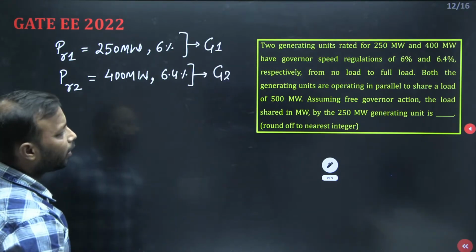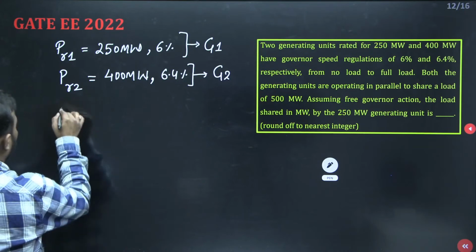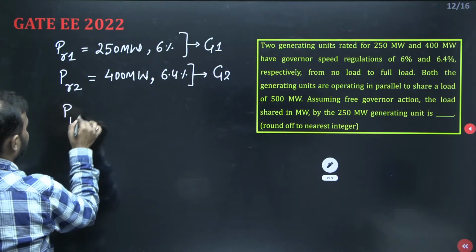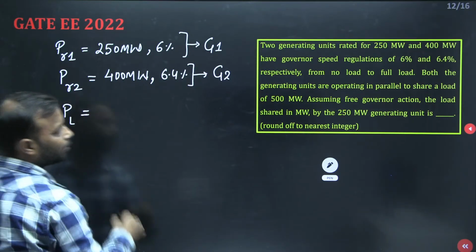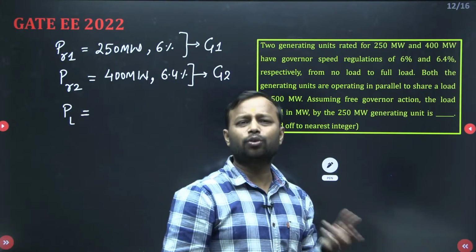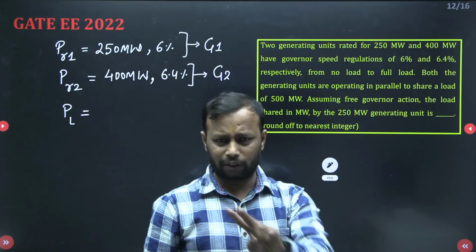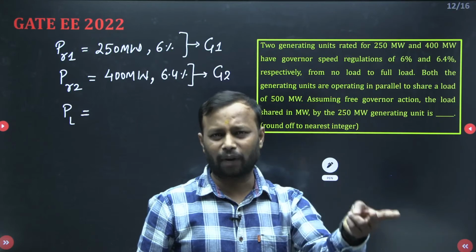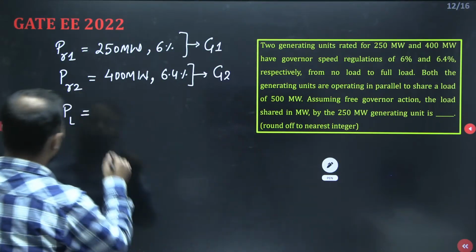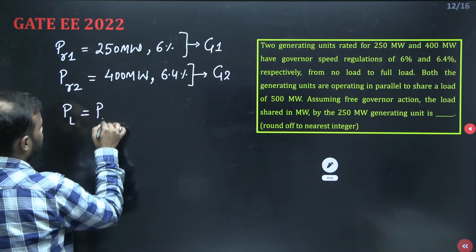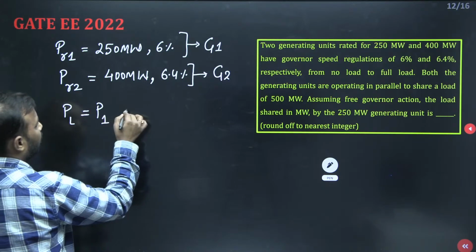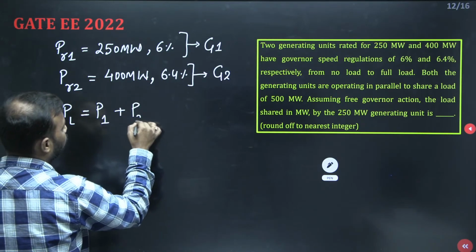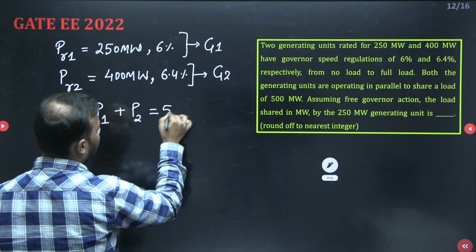Now both generating units are operating in parallel to share a load. So PL, this is the load, and this is given as 500 megawatt. Since you have two generators, definitely these two generators are going to supply the load. So this PL is nothing but the power supplied by generator 1, P1, plus the power supplied by generator 2, P2, which is 500 megawatt.